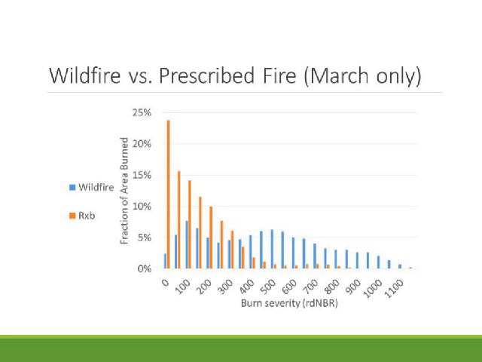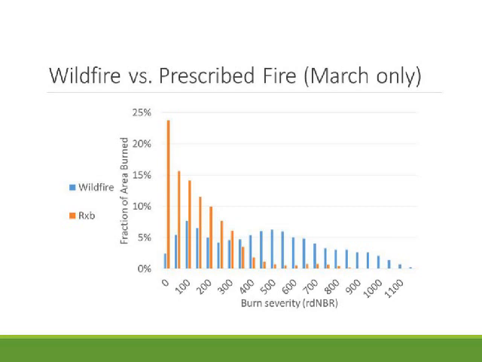Now, one explanation for that also is that prescribed fires are conducted under specific prescriptions, whereas wildfires may be occurring on days that are out of prescription, that are more hazardous. That's one explanation of why the severity of wildfires is different.